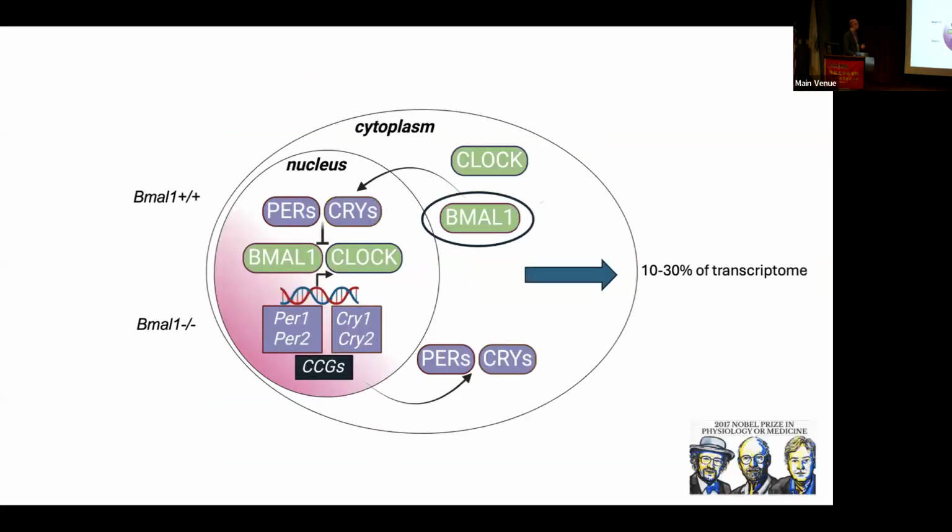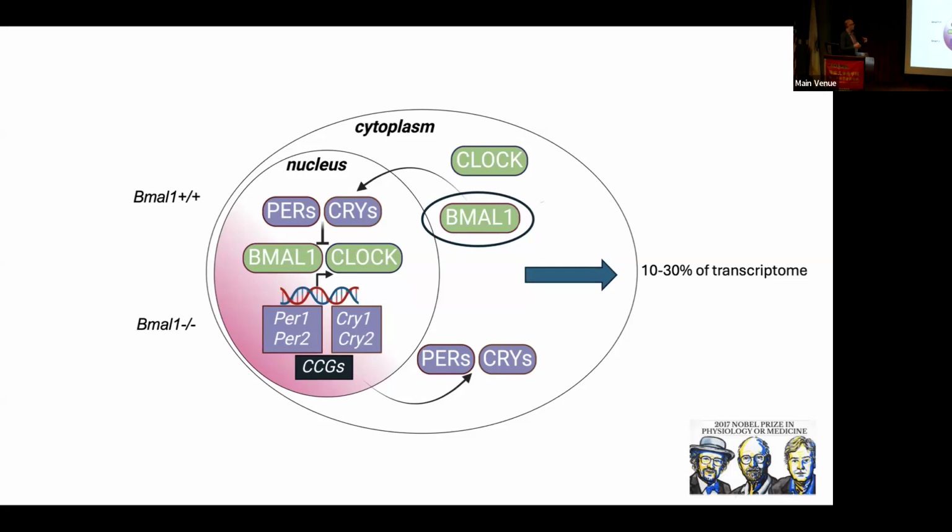Just to review this fundamental mechanism, sorry, the animation got a little messy, so ignore this for a moment. The timekeeping system in mammals is rooted in this negative feedback loop, which in 2017 was awarded the Nobel Prize to Michael Rosbash, Michael Young, and Jeff Hall, who cloned the Drosophila period gene, and that led to the expansion of the entire system.